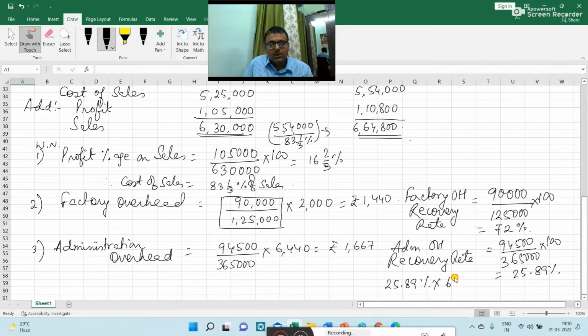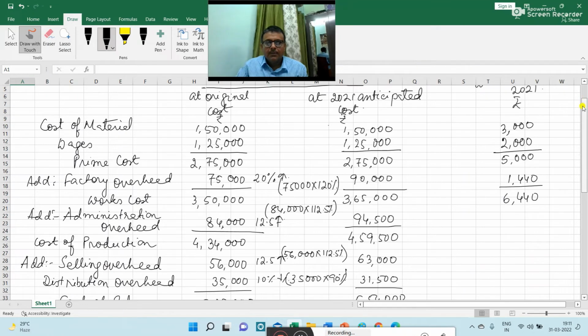That is, the works cost is 6,440. This is 1,667. Either you can do it by calculating the recovery rate, and then you have to calculate the estimated cost, or simply you can directly calculate what will be the estimated administration overhead. Either of these two processes you can follow.